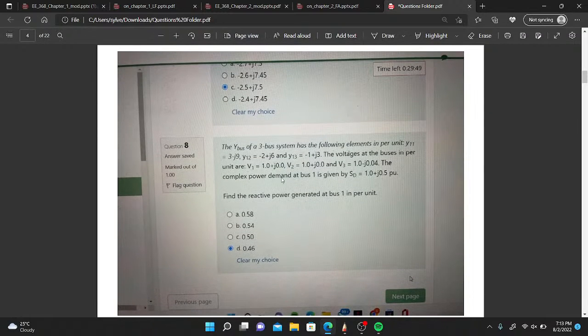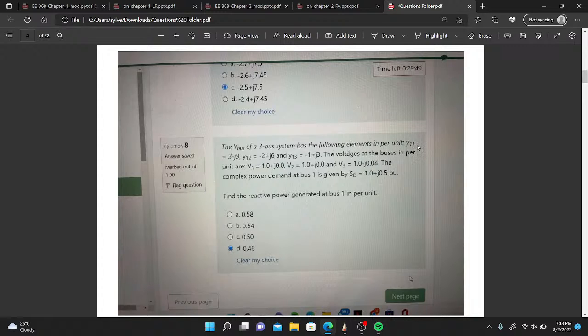All right, so we've been given that the Y bus of a 3-bus system has the following in per units.